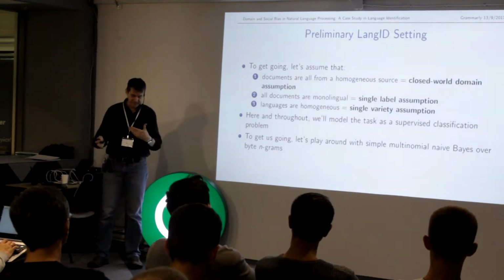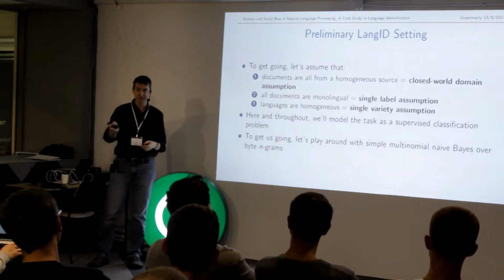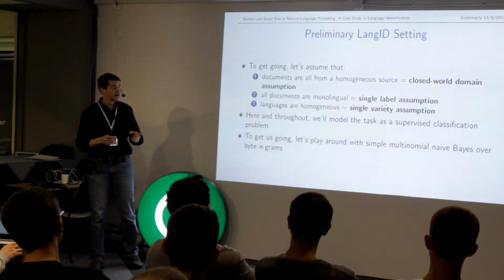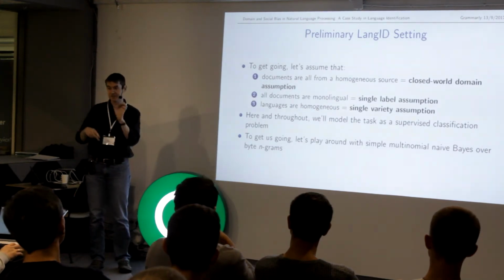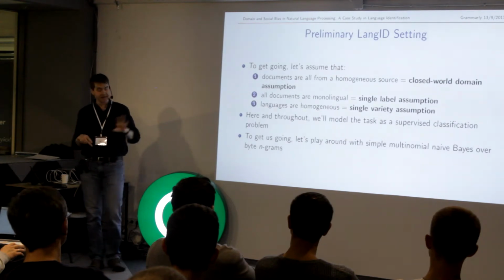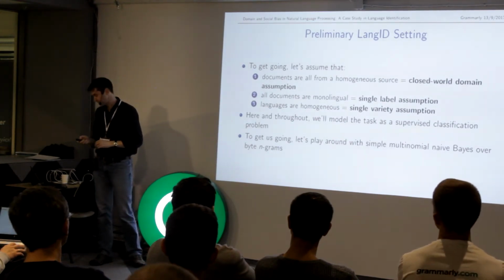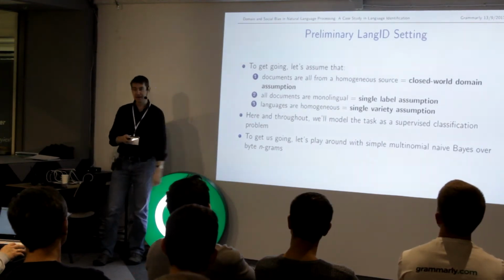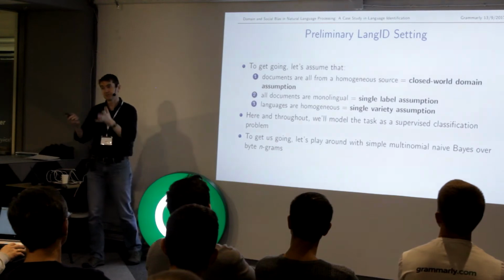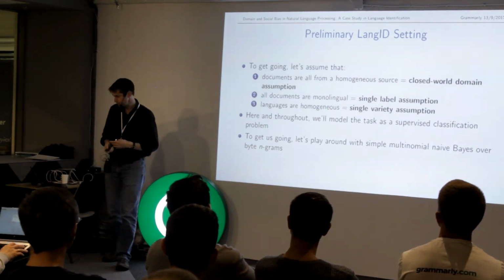So if you know naive Bayes, it's just the prior multiplied by the product of the conditional probabilities for each of our features. And all we're doing in addition to that is exponentiating by the term frequencies and then dividing by the factorial of the document length. And we're going to do that over byte n-grams. Bytes, because we don't want to make any assumptions about encodings.